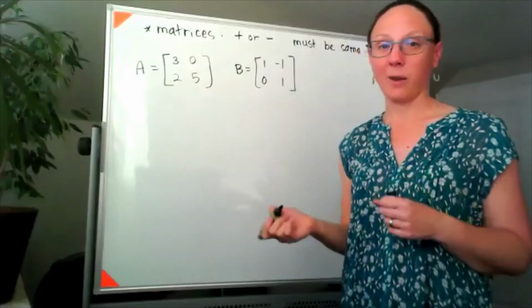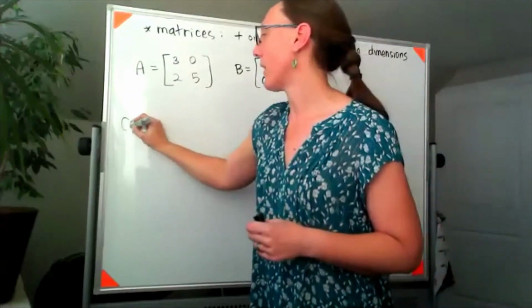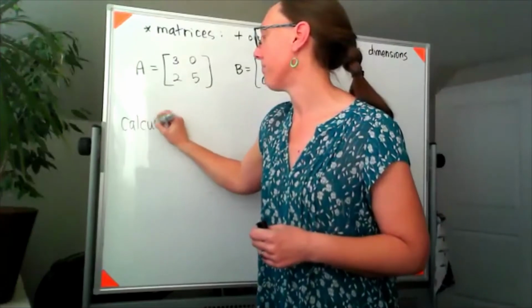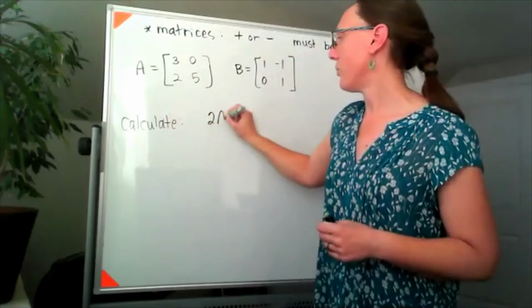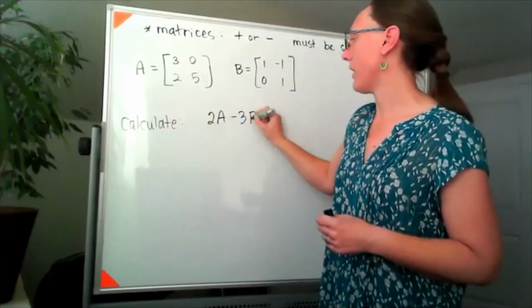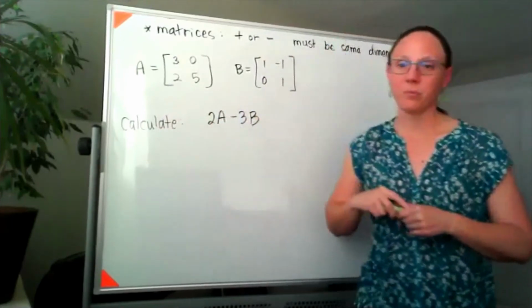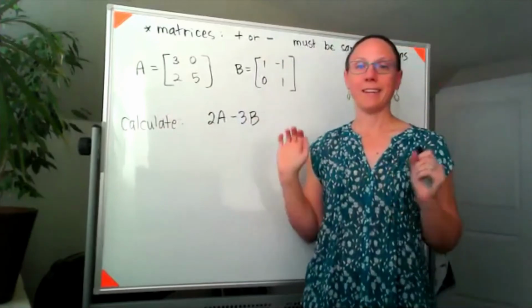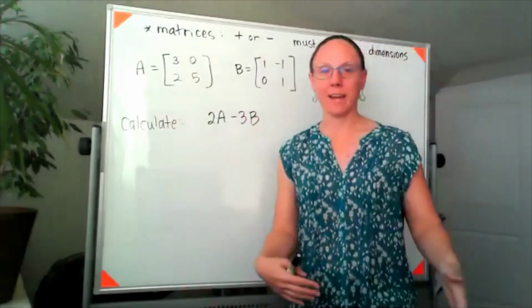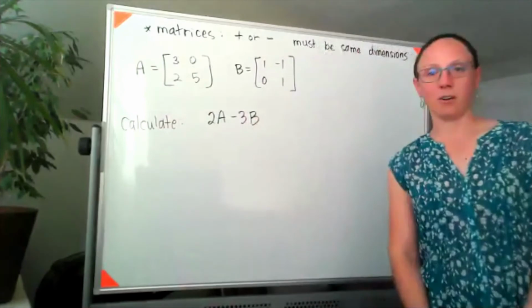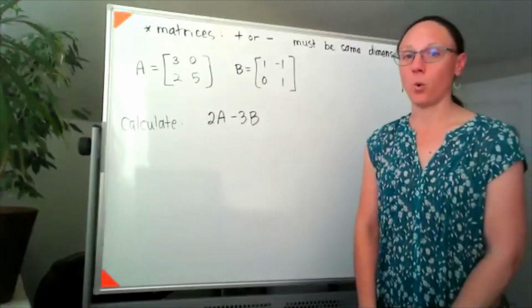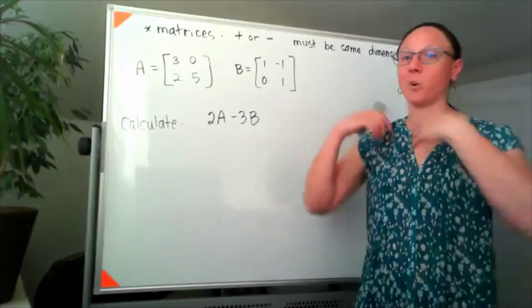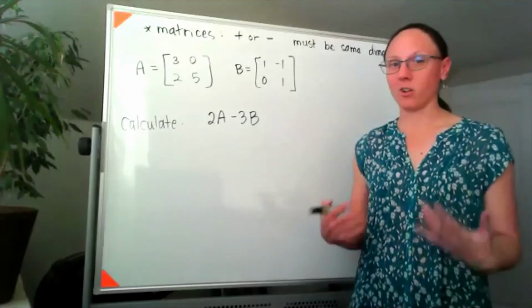And what I want to do is calculate 2A minus 3B. Just like if we went back in time to maybe your pre-algebra class, where we were talking about order of operations, we're going to do order of operations all over again here.